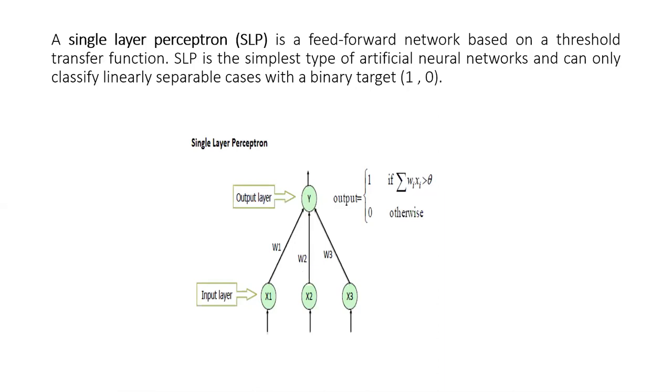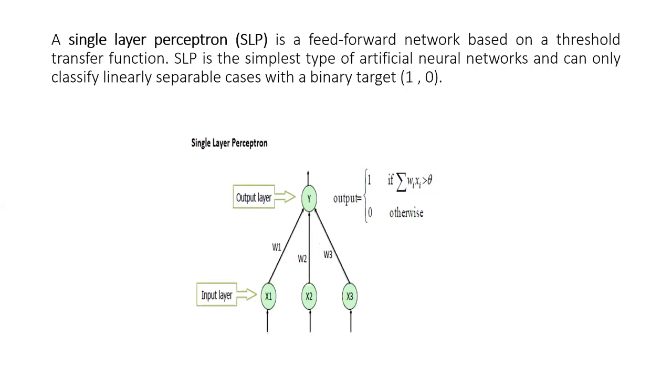This is the neural network model representation. For the target output value, we apply the activation function on the net input calculated value, and then we get the y value. If this y value is 1, then it belongs to class 1, and if it is 0, it belongs to class 2.